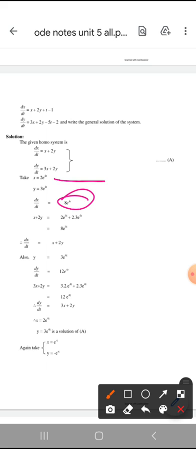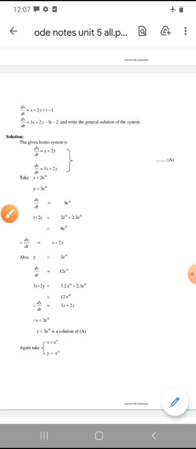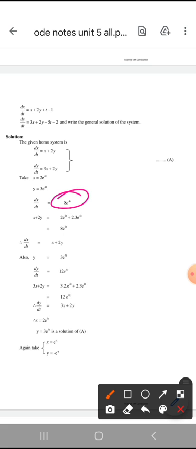We already know that dx/dt is x + 2y, and we substitute that value here. 8e^(4t) is separated into 2e^(4t) plus 2 into 3e^(4t), which also gives 8e^(4t). We separate this into the x component, since x = 2e^(4t), and the part where 2e^(4t) exists.